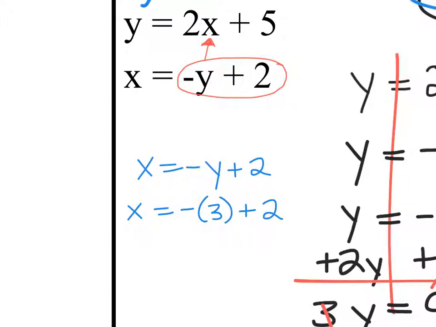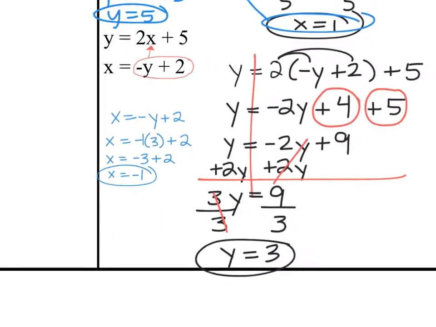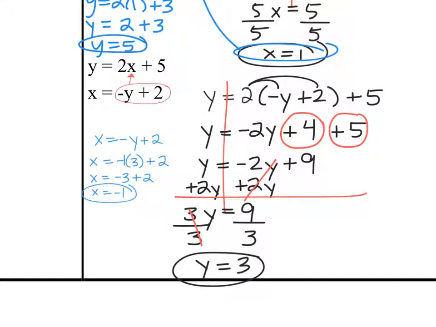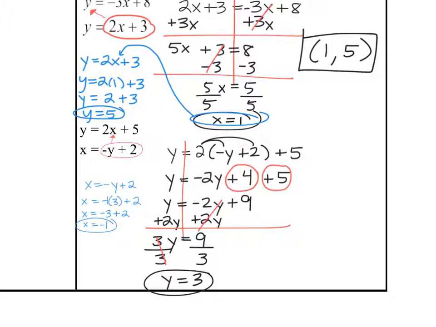Well, negative 1 times 3 is negative 3. What's negative 3 plus 2? Negative 1. So x is equal to negative 1. Write your final answer as a point. X comma y. So x is negative 1, y is 3.